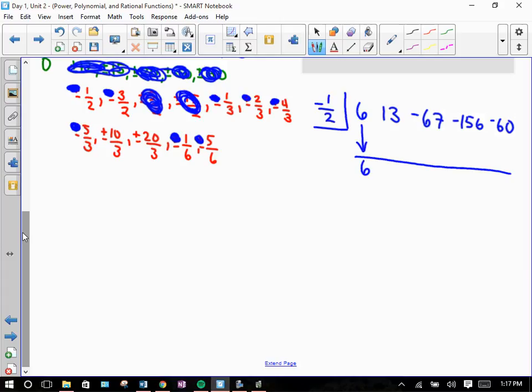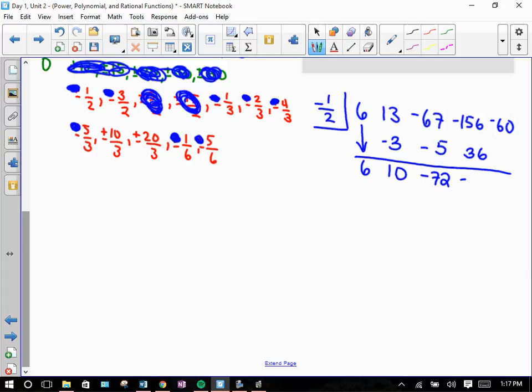I'm 36 now. -1/2 times 6 is going to be -3. So that's going to be a 10. -1/2 times 10 is going to be -5. So that's going to be -72. -1/2 times -72, that's going to be 36. Negative times negative is a positive 36.